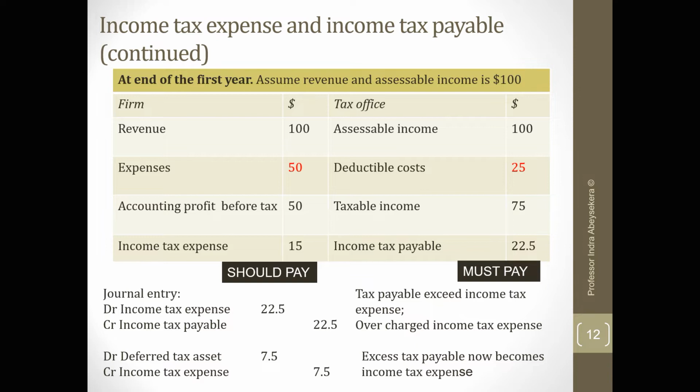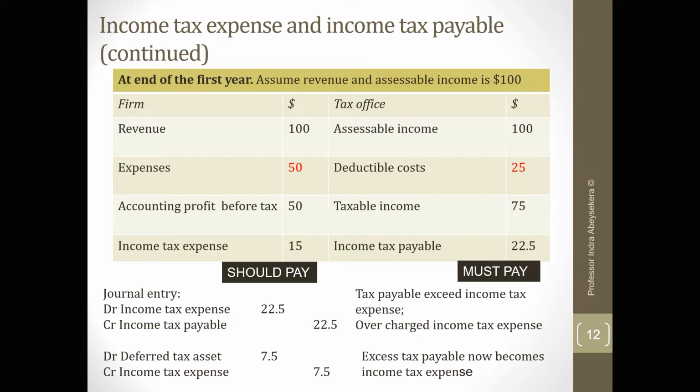To do that, we make an adjustment, we bring down that 22.5 income tax expense to 15. So to do that, we credit income tax expense 7.5 and debit deferred tax asset 7.5.